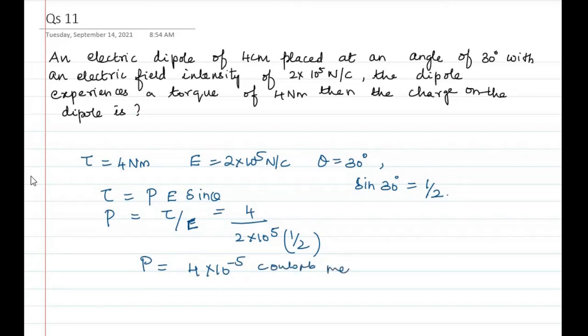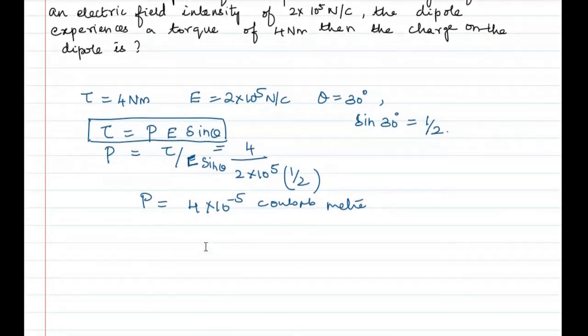So from tau is equal to P E sine theta, you can find P is equal to tau divided by E sine theta, which is 4 divided by 2 into 10 to the power of 5 into sine 30 degrees, 1 by 2. Just substituting the values, we get P is equal to 4 into 10 to the power of minus 5.